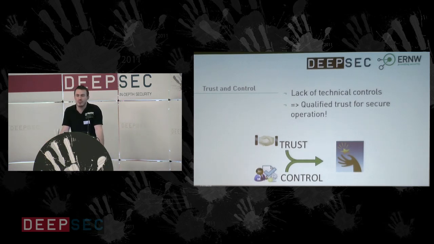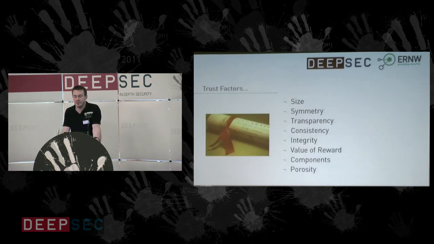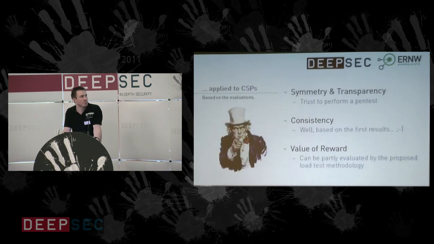And trust is another important concept which we usually use at ENW. When we cannot control something, you have to trust something to be confident at the end. And this trust is usually based on some trust factors, which you can assess for a cloud service provider as well. These trust factors mean different things. We have the trust factors symmetry and transparency.